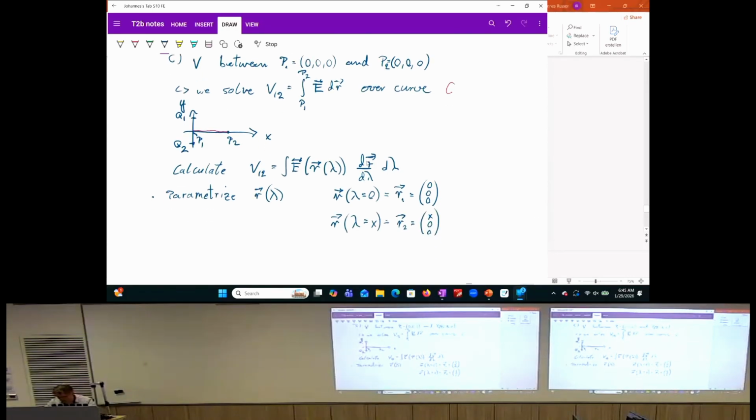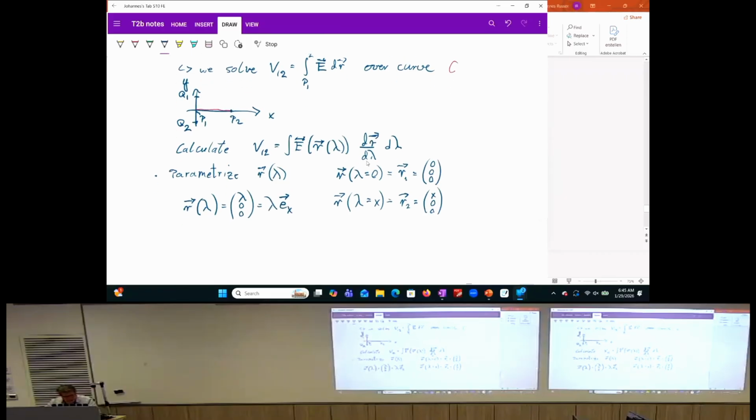And why is that? Because that is the parameterization of our line that we chose. We make an r of lambda, that is lambda, 0, 0, which is lambda ex. So you see this is something you can do by inspection, which is very thankful, since this is just in alignment with the coordinate axis.